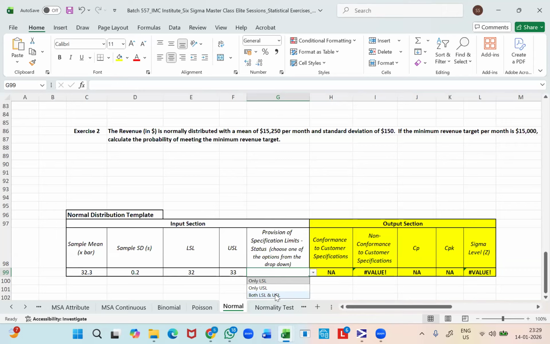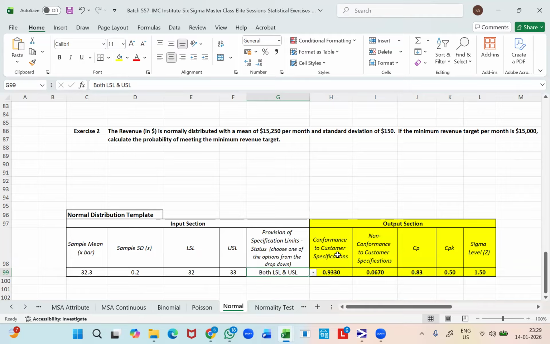But when it is nominal the better, we will have both LSL and USL applicable for that scenario. After providing the values for both LSL and USL in the input section, please do not forget to choose the option both LSL and USL in the next field. Only after that will you get the correct answer. So we need to choose this option.